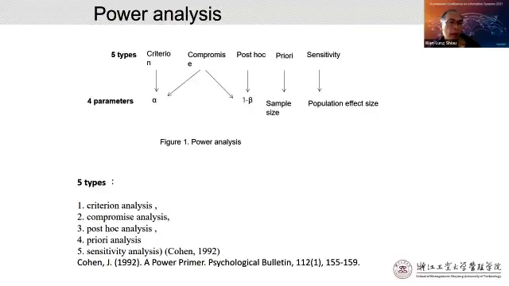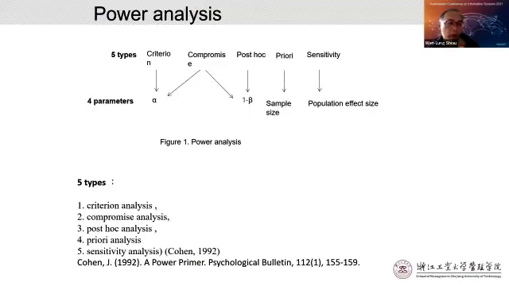If you fix 3 parameters, then you can get the other one. For example, if we set the alpha, sample size, and effect size, then we can get the power statistics, 1 minus beta.